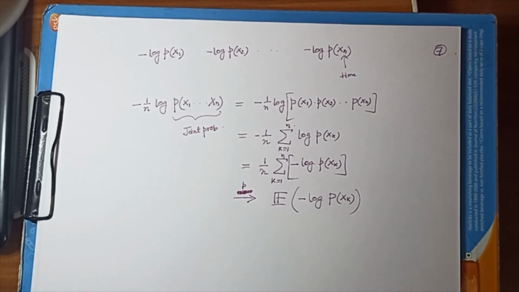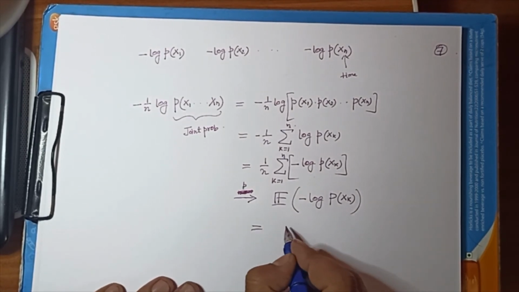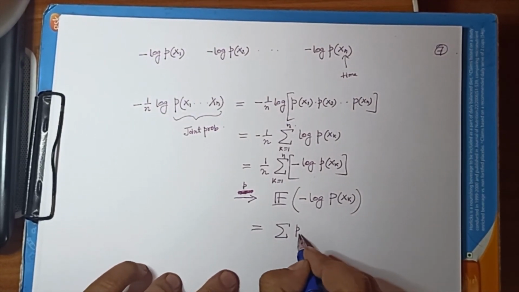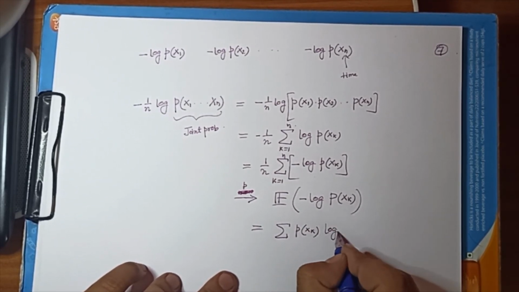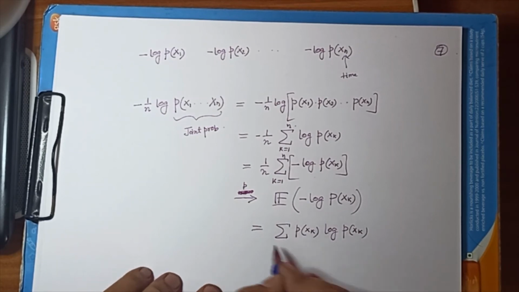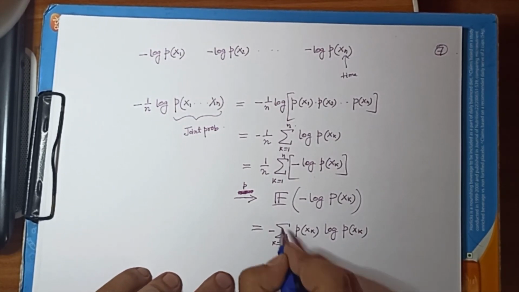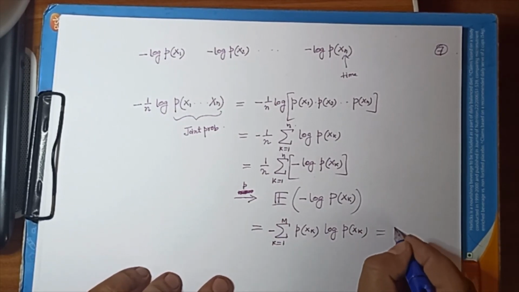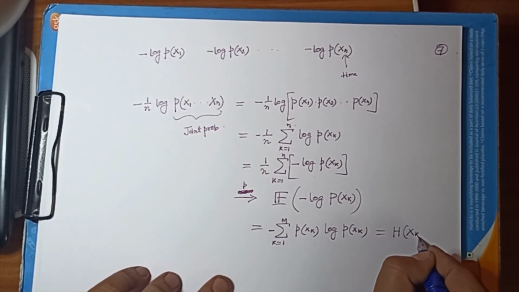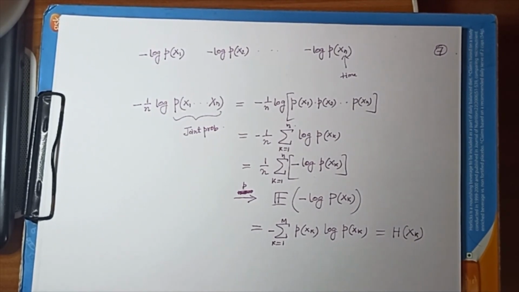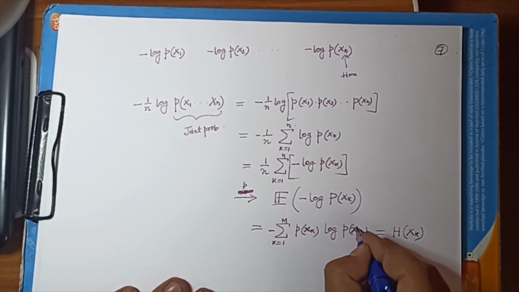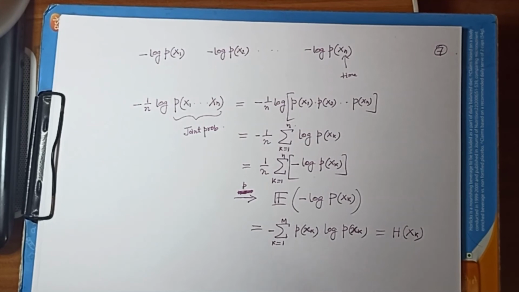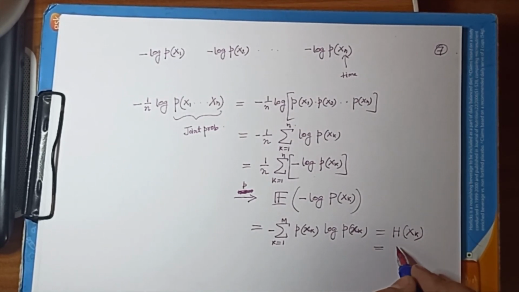What is that? This is basically summation of p(xk) log p(xk) with a minus sign, k equal to 1 to m, which is H(X). This is small xk, the values it assumes.